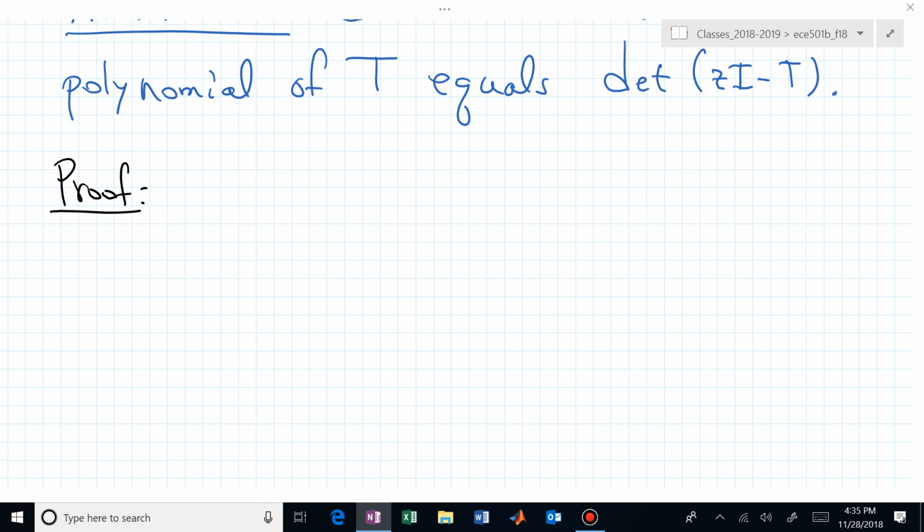So here's the proof. How do we find the determinant of T? How did we say we could do that?